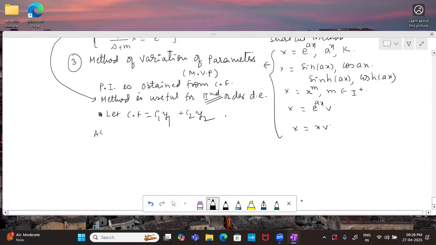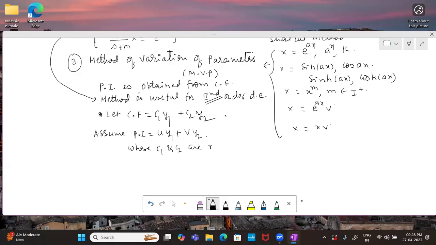Then assume PI is equal to u Y1 plus v Y2, where C1 and C2 are replaced by unknown functions U and V respectively.